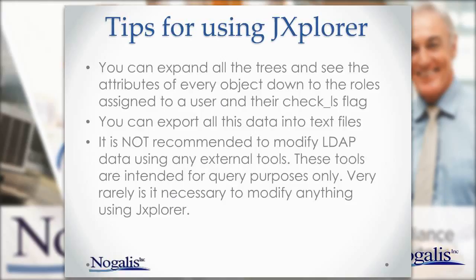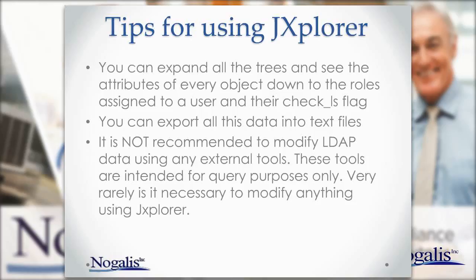So some tips for using JXplorer, not really tips, but things that it can do. As you expand these trees, you see the attributes of all the objects. Depending on the part in the tree that you start, you only see downwards from there. So only start where you need to. You can't really start at the very top of your tree because of the limitation of the free version of JXplorer.